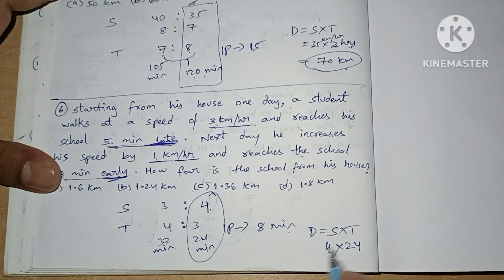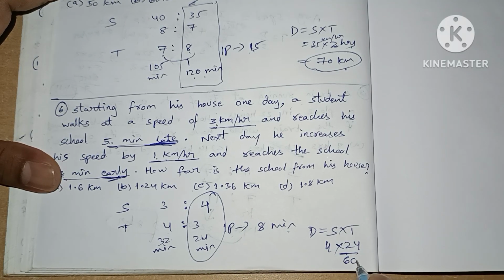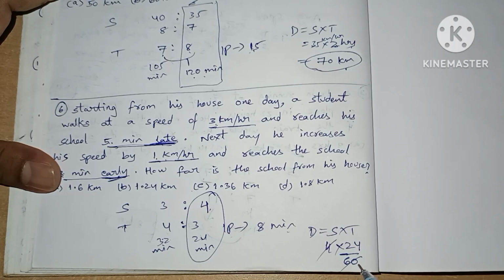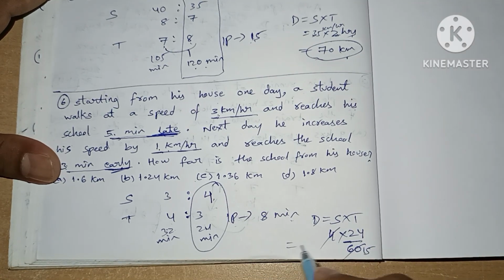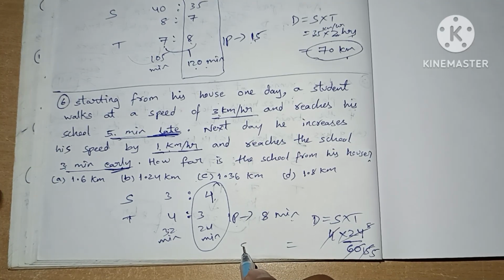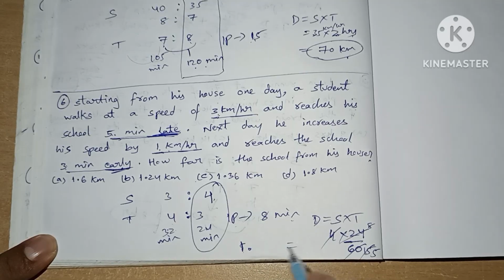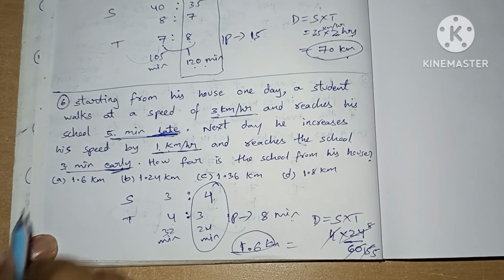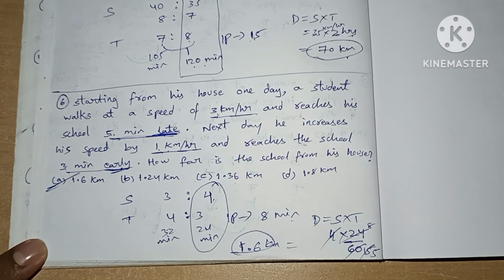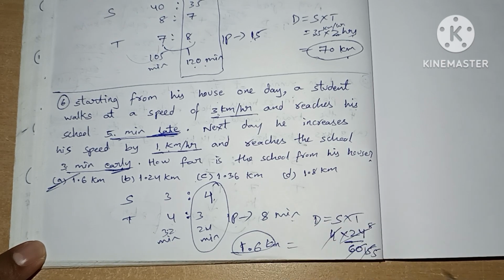It is in minutes, so we are converting it into hours. 4 × 24/60, 24 by 60 is 2 by 5, so 4 × 2/5 is 8/5, which is 1.6 kilometers. So 1.6 kilometers is the distance between the house and the school. Option A is our answer.